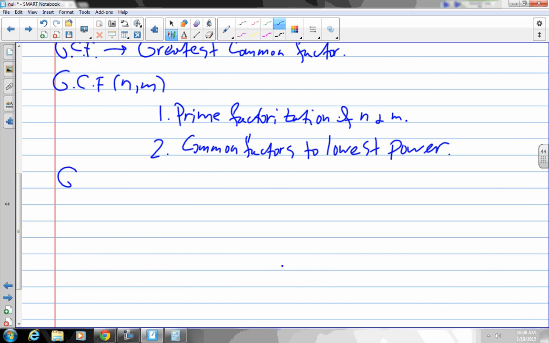So if I do the same thing, GCF of 16 and 18, and I already know that 16 is 2 to the 4th, and 18 is 2 times 3 squared. Is there a common prime between these two numbers? 2. And what is the lowest power of 2 that we see? 1. So that's it. So GCF here is 2.